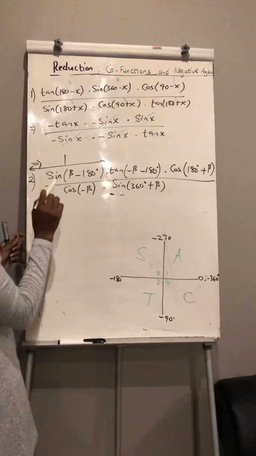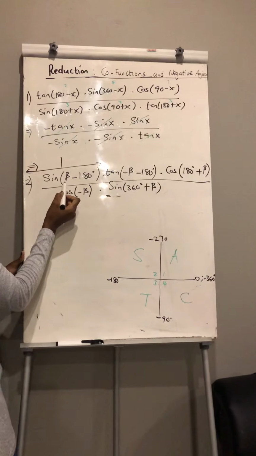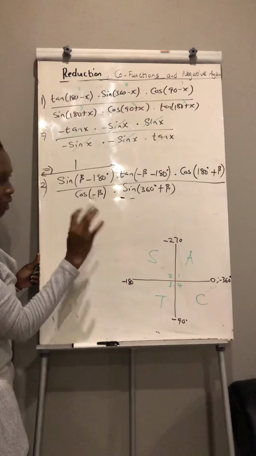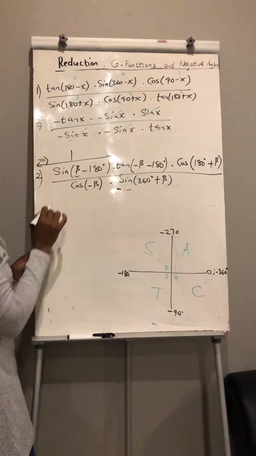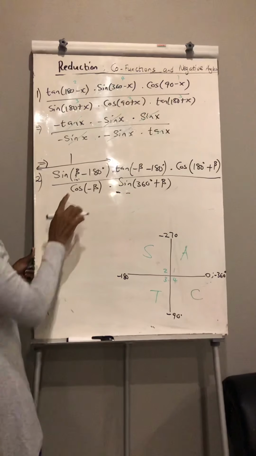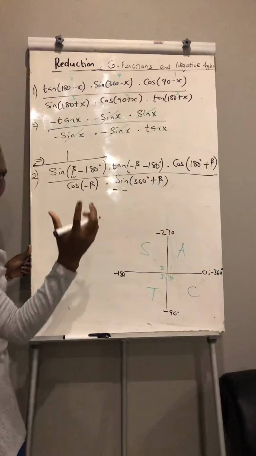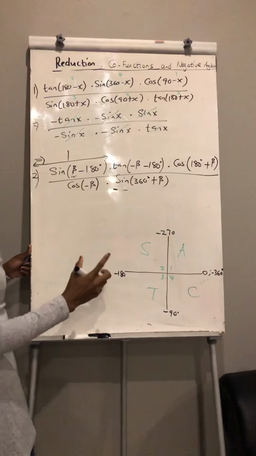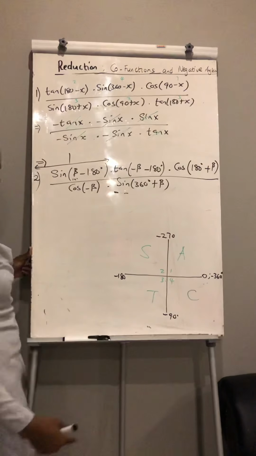But at this point, wherever there is beta, I want you to put, say, 10 degrees, an acute angle. So in your mind, work with 10 degrees over there. So if you say 10 minus 180, you should be able to get minus 170, and then you go and find where minus 170 is in this.